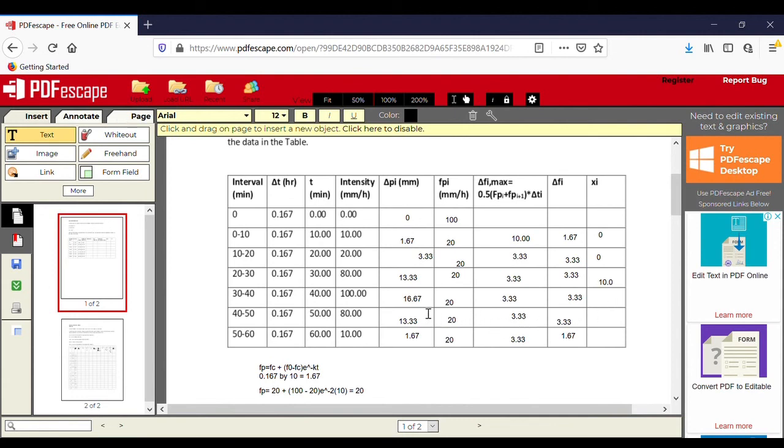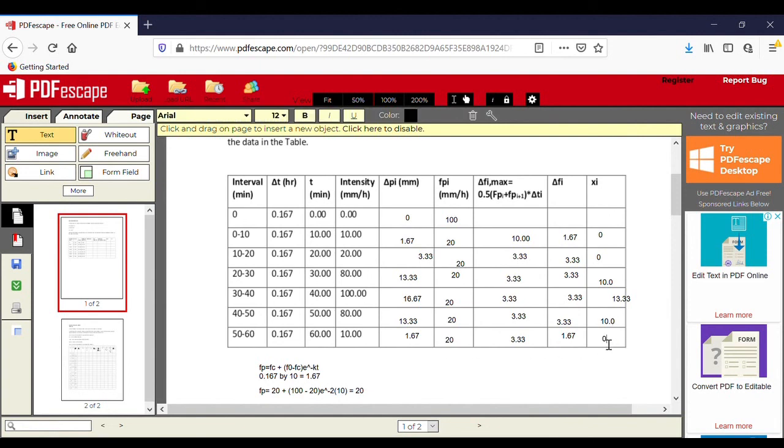And then 16.67 minus 3.33 is going to give you 13.33. The next is 13.33 minus 3.33. That will give you 10 as well. And the last is 1.67 minus 1.67. This will give you 0.